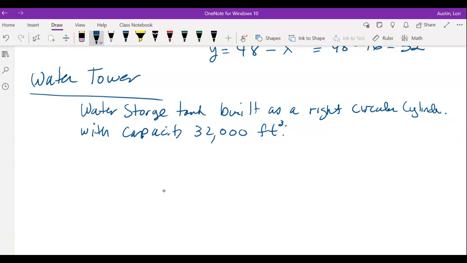That will hold about 240,000 gallons of water. I don't think you need to know that for the problem, though. That was just informational, in case you wanted to know how big this water thing was.